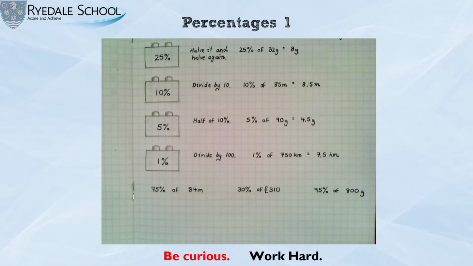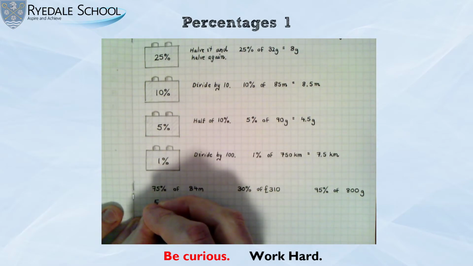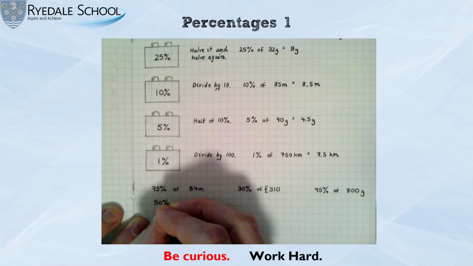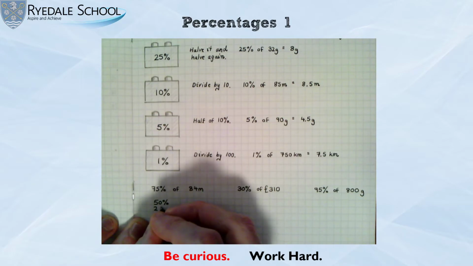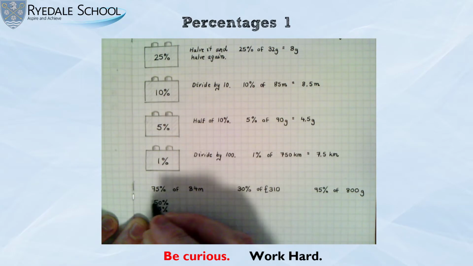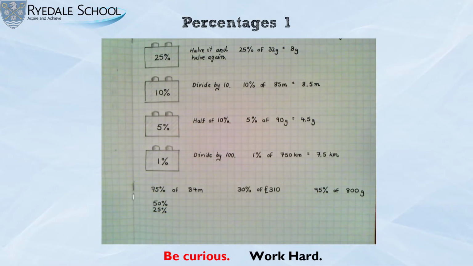Now, for each of these percentages, there is going to always be perhaps one or more ways of building up these percentages. But this is why I call these 5 the building blocks. Because if I want to find 75% of a number, I could use some of my building blocks that build up to make that 75%. So for example, if I want 75% of a number, I could get my answer to 50%. I could get my answer to 25% and put those things together to make 75% altogether.